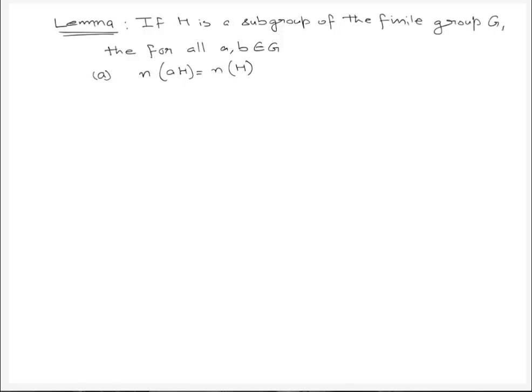So we are going to prove that the number of elements in a left coset is always equal to the number of elements in a right coset.